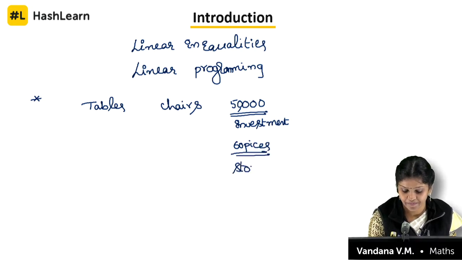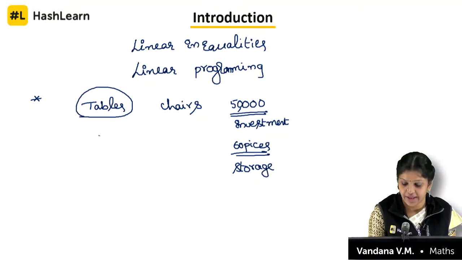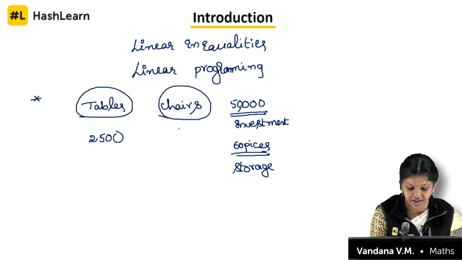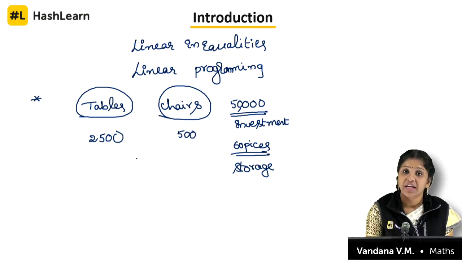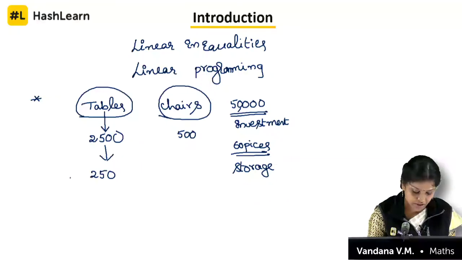And the cost: the cost of the table is 2,500. The cost of the chair is, he'll sell it for this amount, 500. If he is selling for this 2,500, he'll get a profit of 250 rupees. This is the profit.